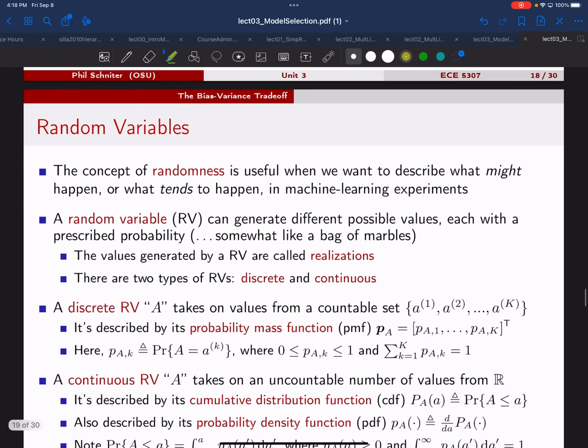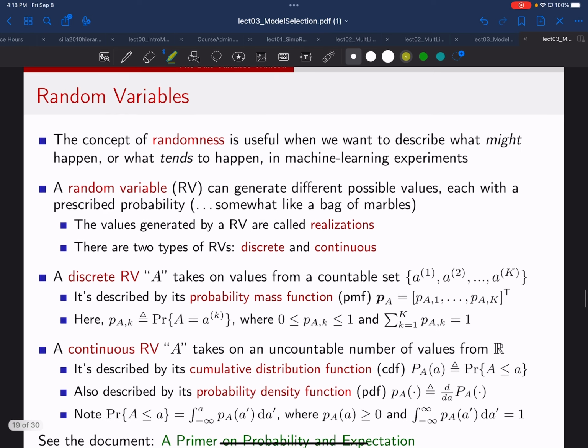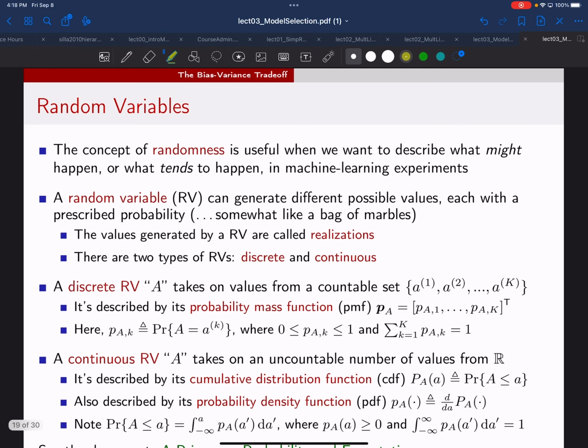So what we have to do first is just a little bit of review. And this is all stuff that is a prerequisite, so I'm assuming you have seen this before. I cannot teach you all this from scratch in a matter of a few minutes. It's impossible. So my point here is just to remind you of some things that you've hopefully learned in the past and say these are the important ones for us.